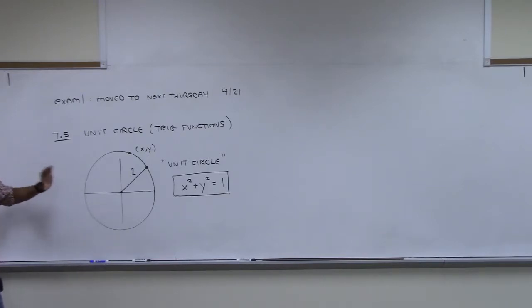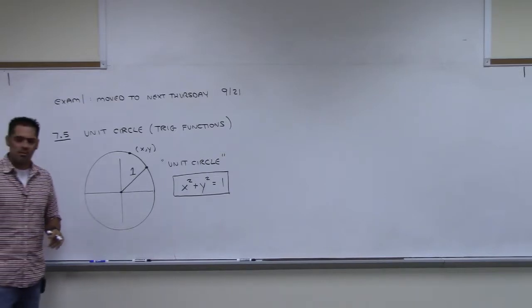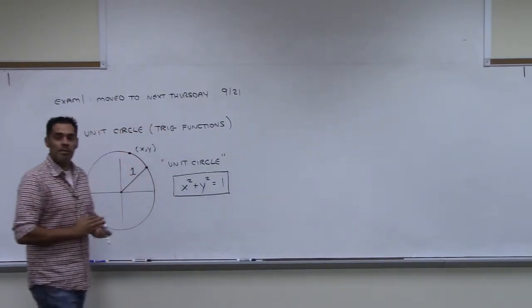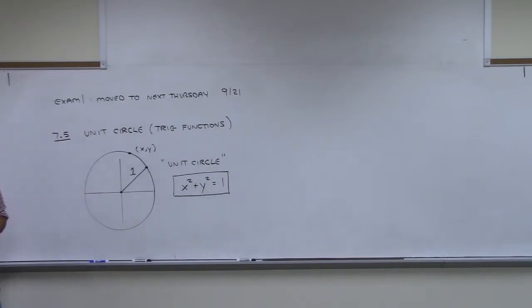You want to understand it based off the unit circle. When I'm in a Calculus 1 class or Calculus 2 class, and I get a student who doesn't remember what sine of 30 is, I don't go and reteach them all Chapter 7 in pre-cal. I take them back to the unit circle, and that's where we base everything from. So if you understand this, you'll be in good shape, all right?